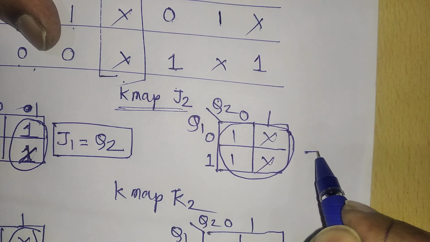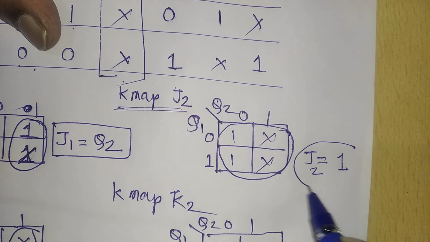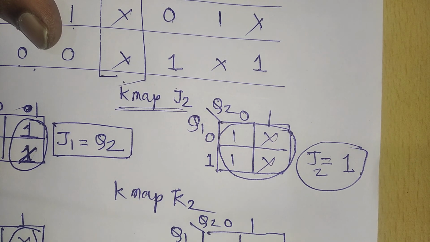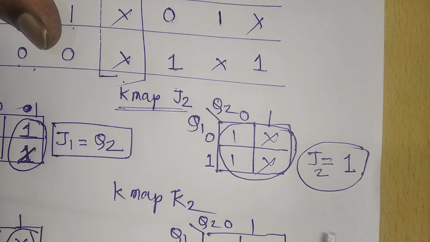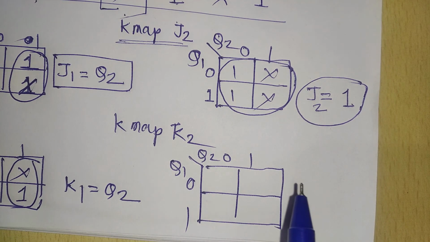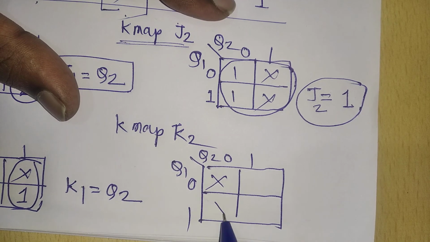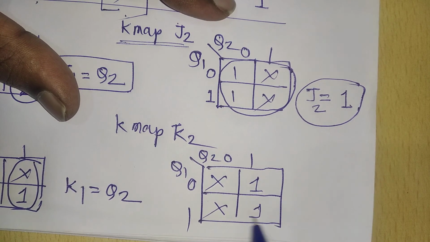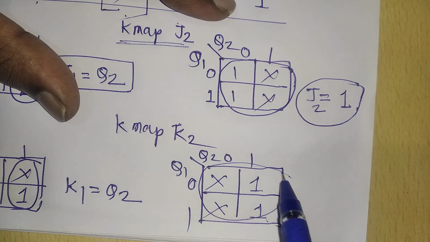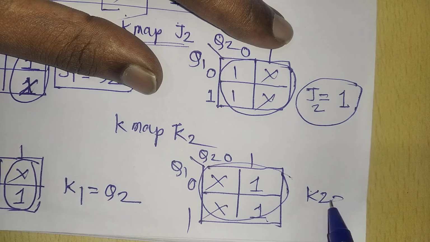The equation for J2 is equal to 1 because all four cells are adjacent. Similarly for K2, we have don't care here, 1 here and 1 here, and again we form a pair. Again K2 is equal to 1.